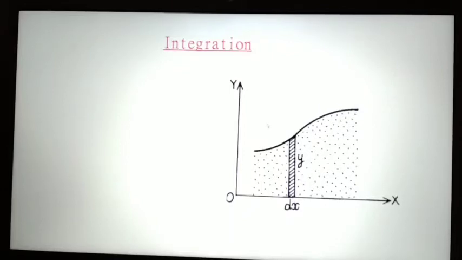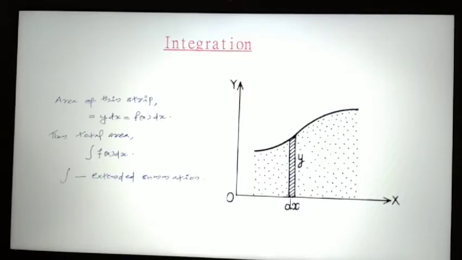So instead of taking different strips and adding all those areas, you can find the area of one strip and extend its limits to the required points. Which are the required points? x1 to x2. Then that includes the total required area, and that is the method of integration.